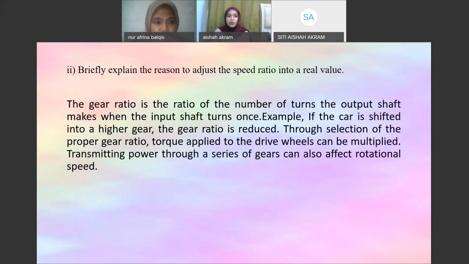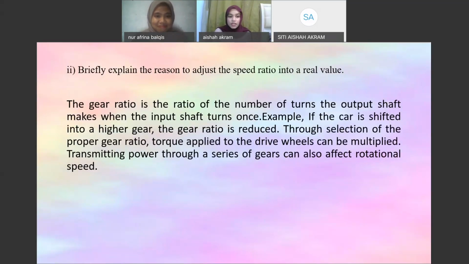Next, we need to explain the reason to adjust the speed ratio into a real value. The gear ratio is the ratio of the number of turns the output shaft makes to the input shaft turning once. For example, if the car is shifted into a higher gear, the gear ratio changes. Through selection of a proper gear ratio, the torque applied to the drive wheel can be multiplied.